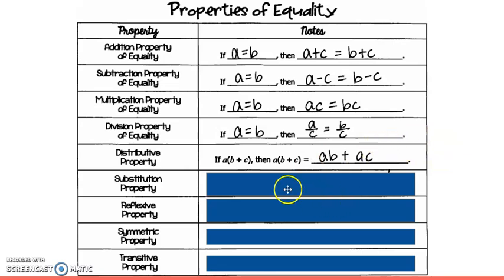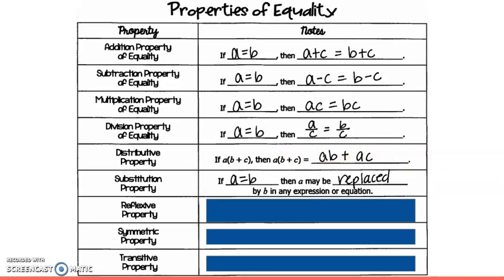So that's just saying that if I have a number on the outside of parentheses, I can distribute that number to both things and it becomes AB plus AC. If I look at the substitution property, it's telling me that if A equals B, then A can be replaced with B in an expression or equation.